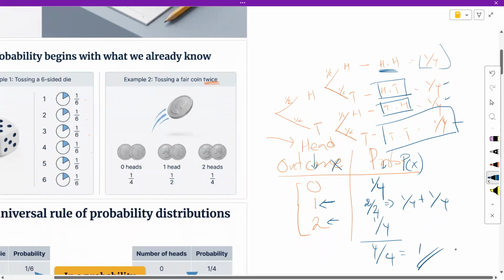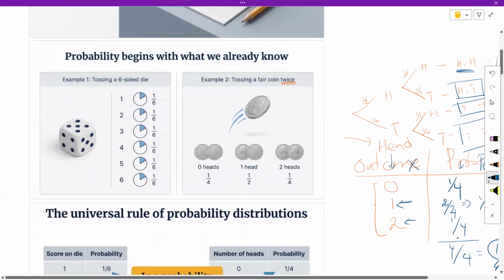The sum of all probabilities of the outcomes of x is equal to 1. The sum of probabilities of any random variable is always equal to 1. That's a thing we have to keep in mind.